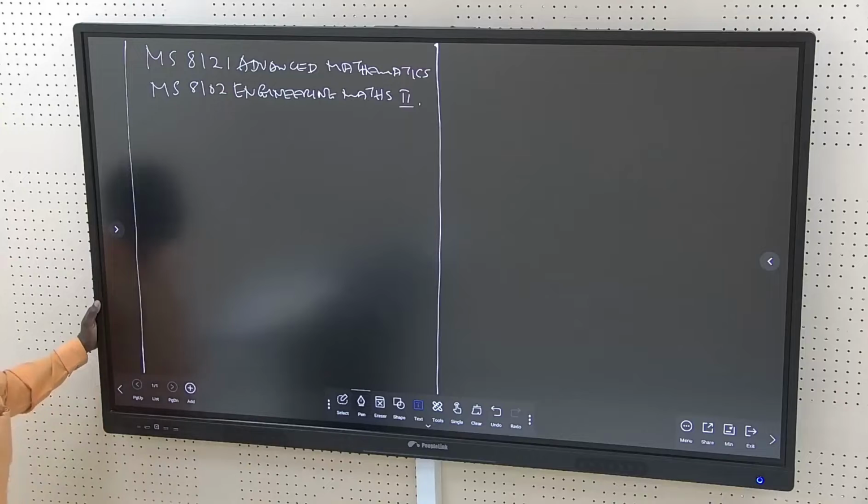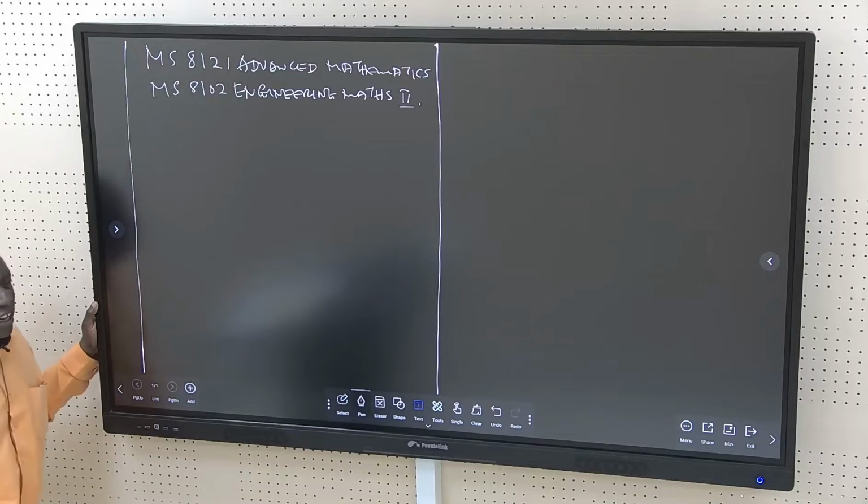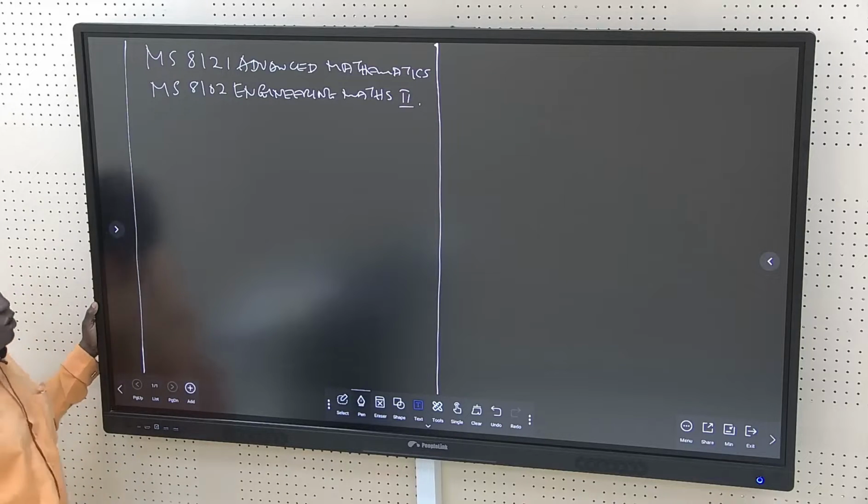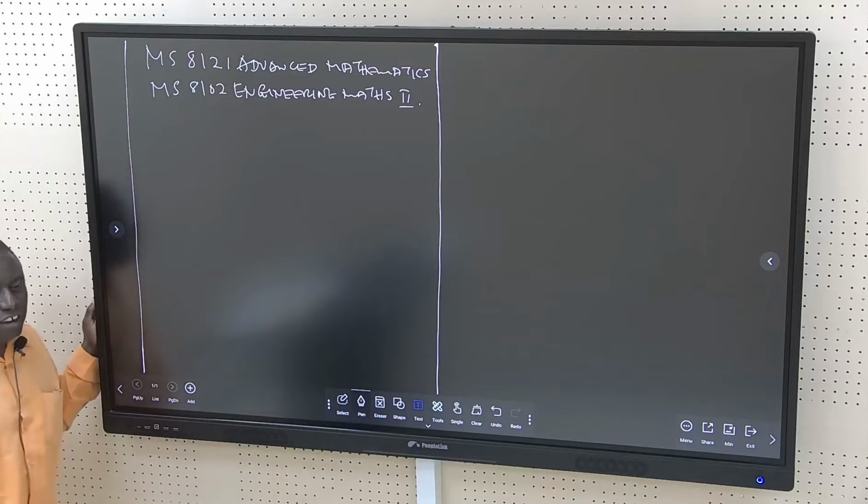So these are two courses containing almost the same content, though in Advanced Mathematics there is a little content which will be added, but it will be almost the same for those two courses. And good enough, the course has the same credit weight of 5.